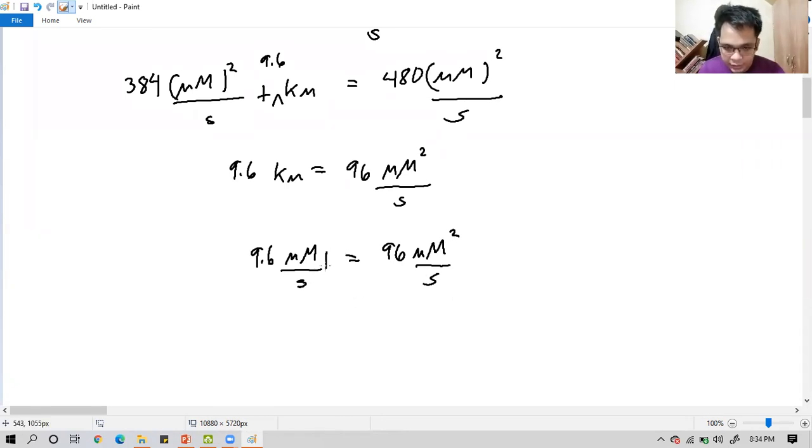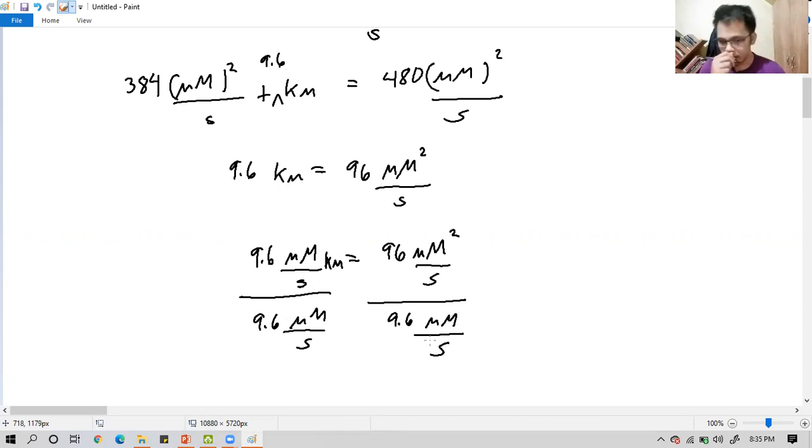So, Km will serve as our X. After that, we have to multiply both sides by 9.6 micromolar per second, and what happens here is that the terms cancel out.